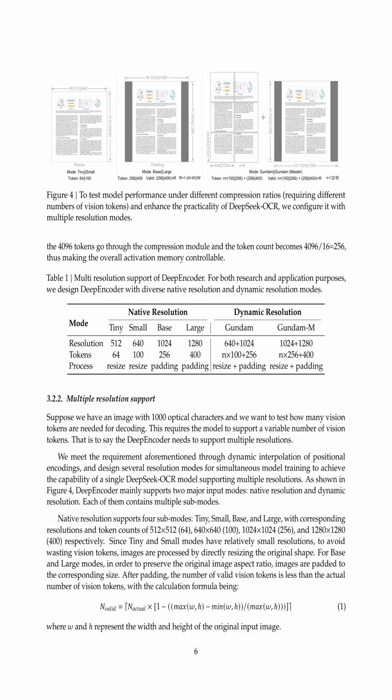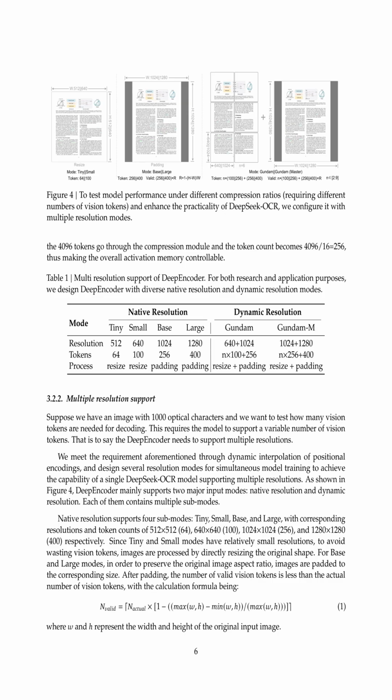3.2.2. Multiple resolution support. Suppose we have an image with 1,000 optical characters and we want to test how many vision tokens are needed for decoding. This requires the model to support a variable number of vision tokens. That is to say, the DeepEncoder needs to support multiple resolutions.